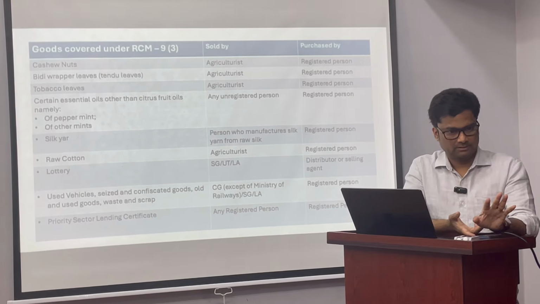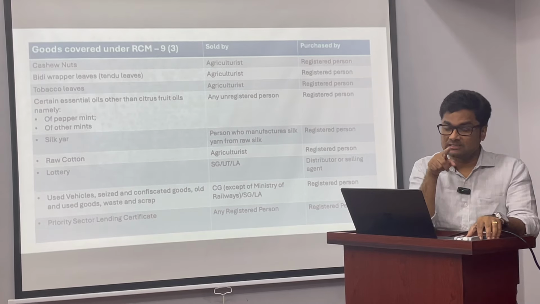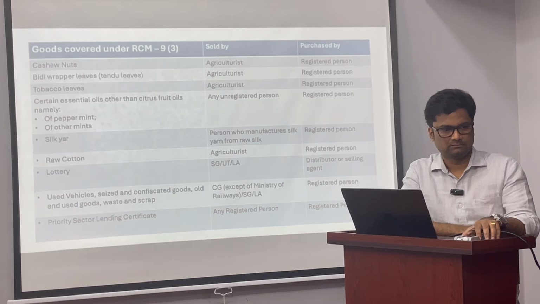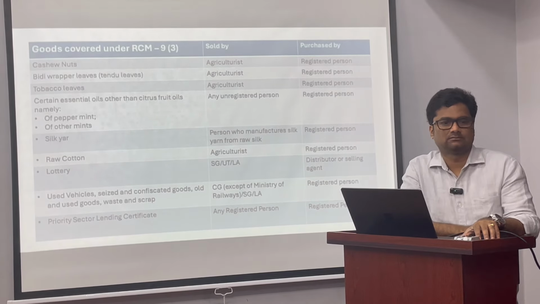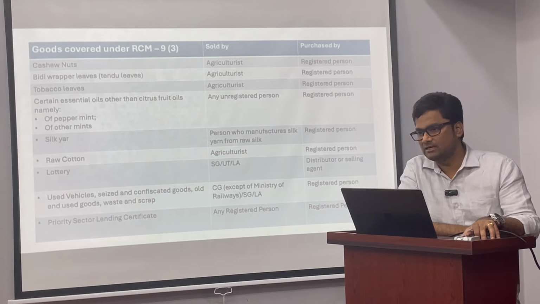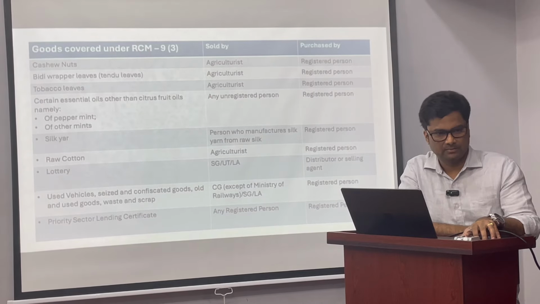One more twist, if that goods includes cement, the rate of tax will be 28%. It's not 18%. Got the point?